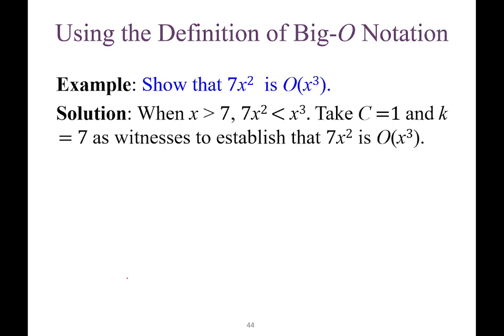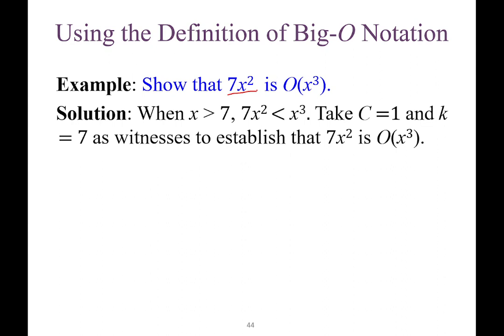Next, let's see how we show that 7 times x squared is big O of x cubed. You can have the intuition first. We have 7x squared, and following the previous example, it is big O of x squared.